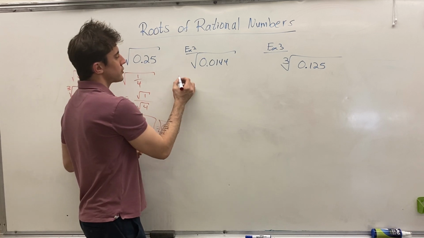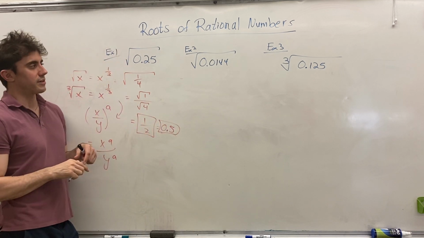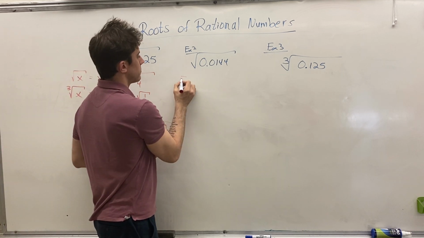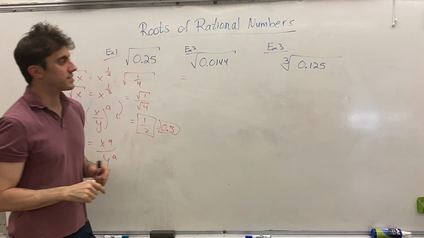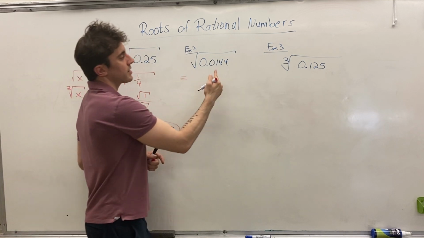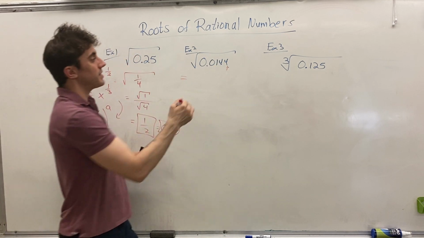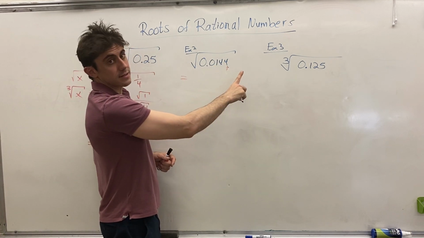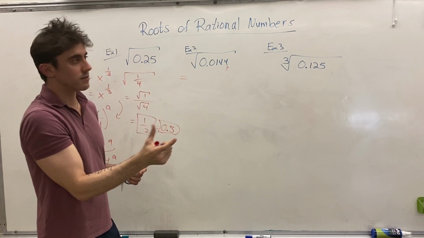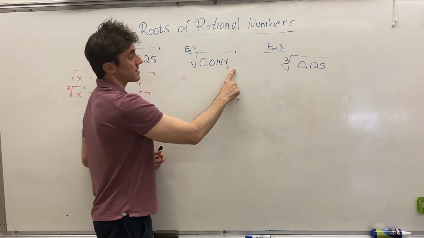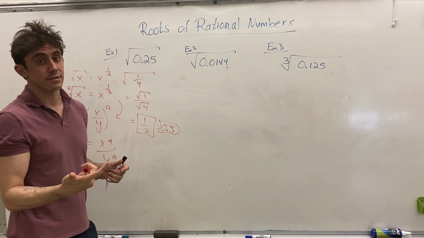Now, we'll use a similar strategy for example 2, just slightly trickier numbers. So we have the square root of 0.0144. So that is 144 that ends in the 4th place after the decimal, which means that's the 10,000ths place, right? 10,000 has 4 zeros. Likewise here, we're in the 4th place after the decimal, and so we're into the 10,000ths.